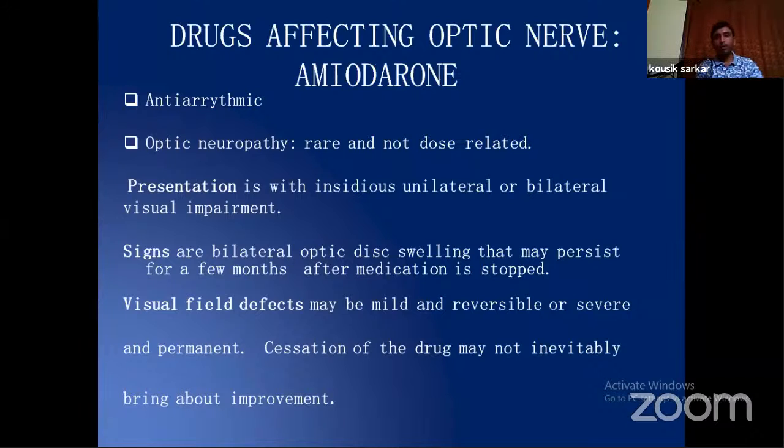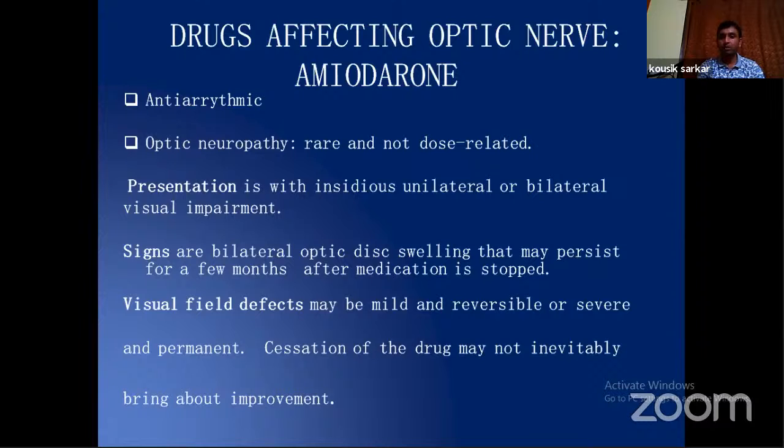Amiodarone, a well-known antiarrhythmic drug, also causes optic neuropathy. It is said it is rare and it is not dose-related. It presents with insidious unilateral or bilateral visual impairment. Ophthalmoscopically, we can see bilateral optic disc swelling that may persist for a few months after the medication is stopped.